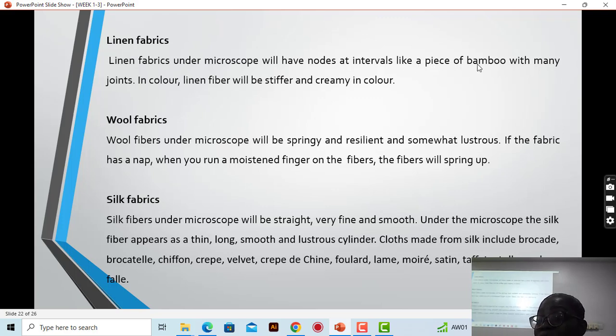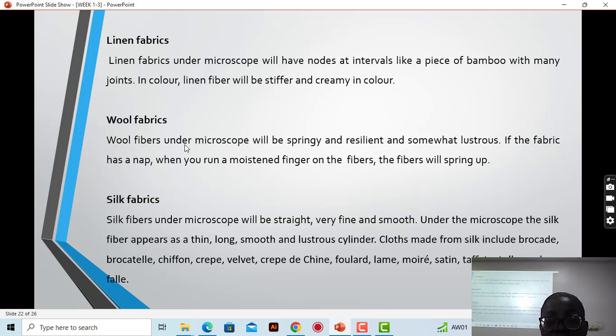You used bamboo in one of your lessons, and we know what bamboo is like. It has joints. Those joints are what are called knots, and that is exactly what you see when you view linen under the microscope, with many joints. In color, linen fiber will be stiffer and creamier in color. It will look stiff, not relaxed.